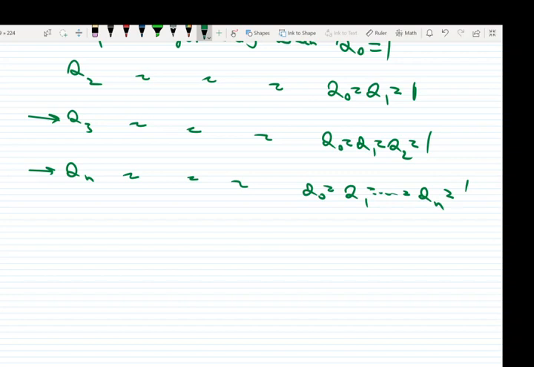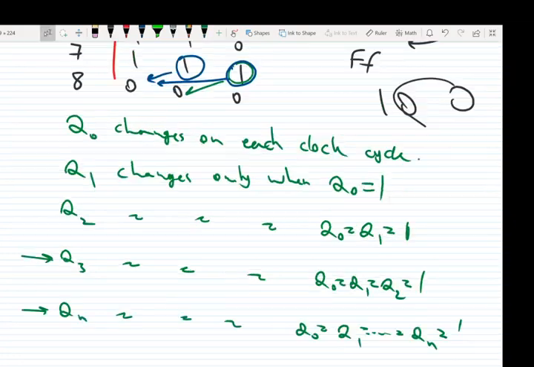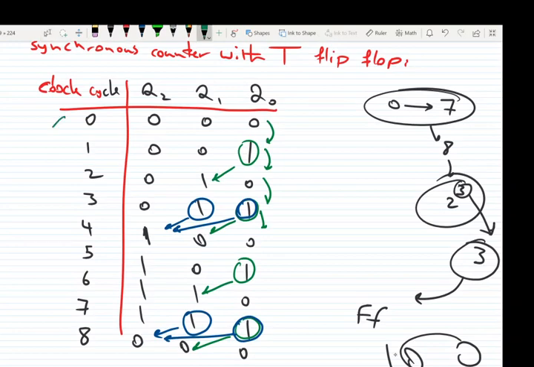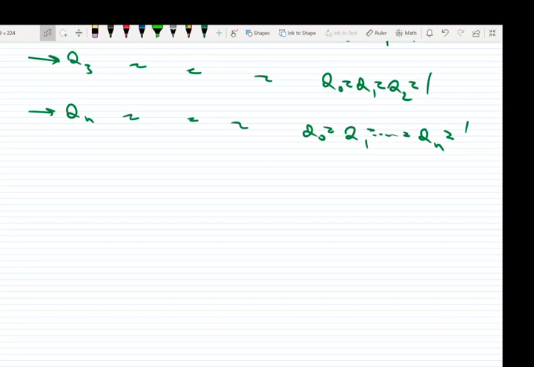So this is a general condition for a counter with T flip-flops. Don't forget this is an up counter because it counts upward. We want to design it.